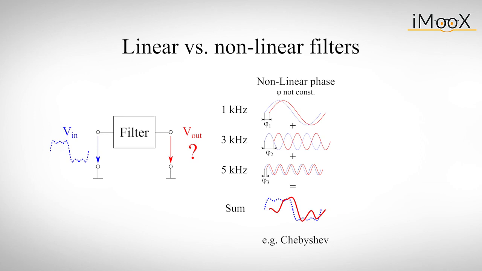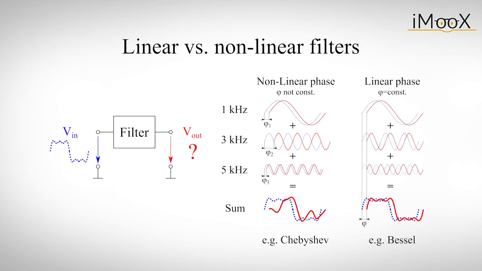So if we want a filter with constant time delay, also called a linear phase filter, we rather use a Bessel characteristic. Here the waveforms of all signals within the passband will stay exactly as they were. But then again, the Bessel filter cannot compete with the Chebyshev regarding attenuation above the corner frequency.